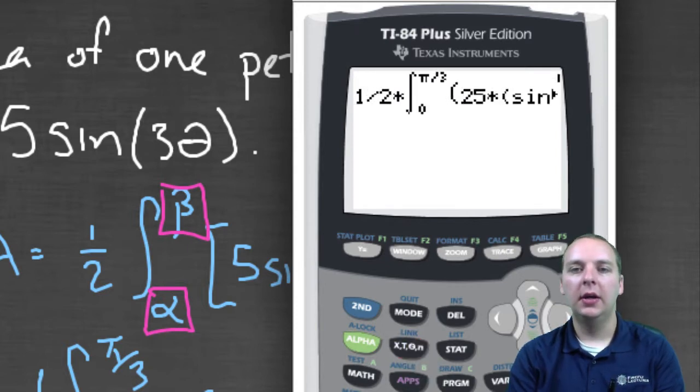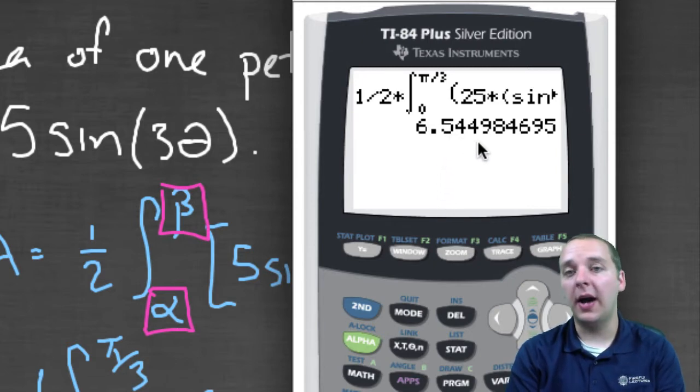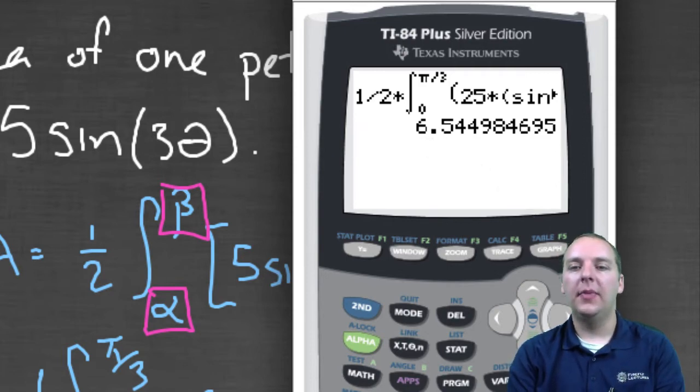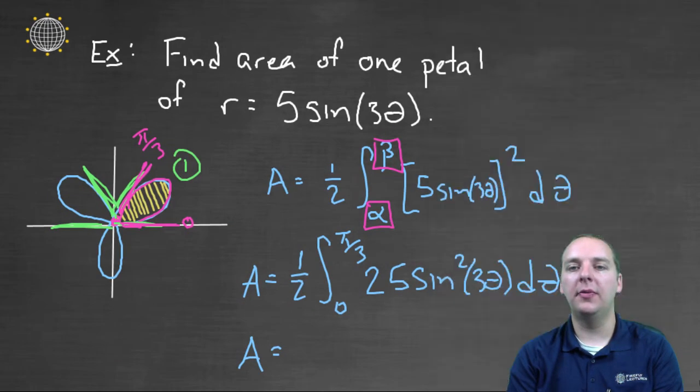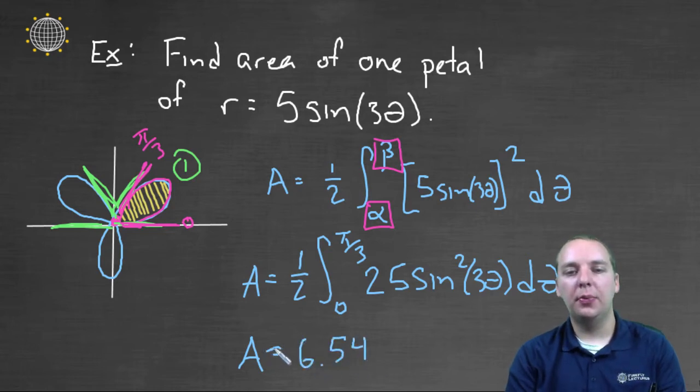Push enter. You get an answer of 6.545, so we'll just say 6.54. That will be approximately the area of that one petal. So let's come back to our screen here. We have 6.54, and that's approximately the area of one petal.